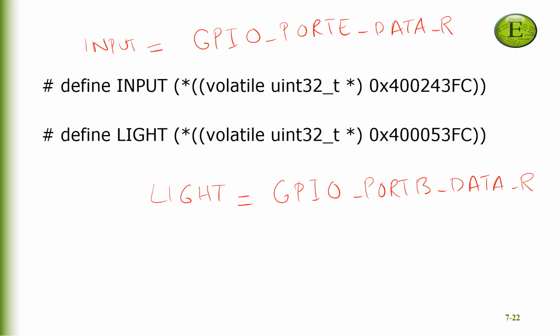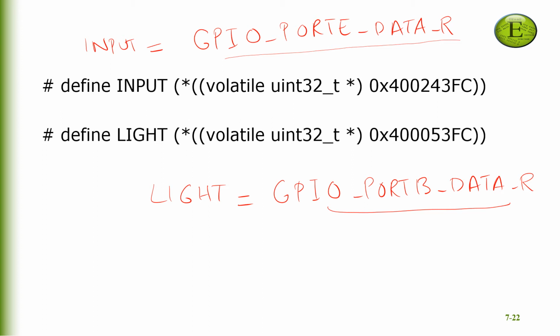Now, in order to do that, we need to specify the address, or where we can find the contents of the port E data register. Those are available at the memory address hex 4002434C. In other words, the port E data register is available at this address. Likewise, the port B data register is available at this address. We know the address, but we don't know how to access the contents of the data registers available at those addresses.